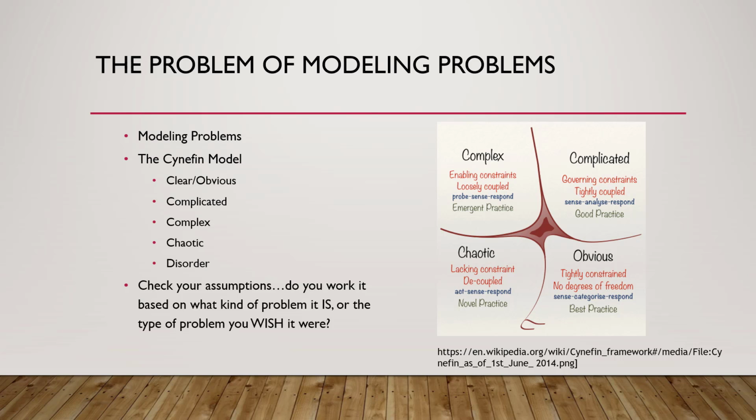Do you work the problem based on the symptoms, an unpredictable or more predictable result, something that lends itself to routine procedures, or something that needs to be driven by more safe-to-fail experiments? Or do we find ourselves treating the problem based on our particular biases and preferences?